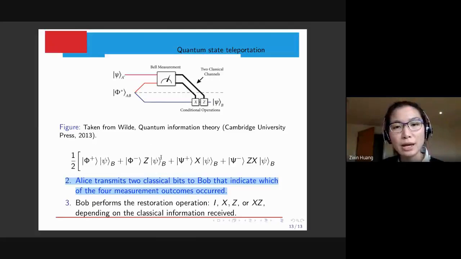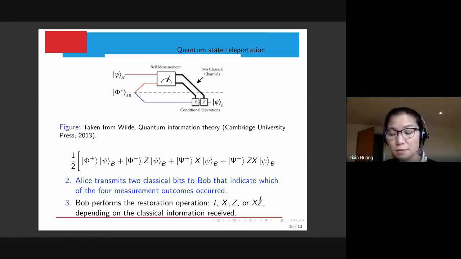However, if Bob is not in possession of the knowledge of what occurred to Alice, so the identity, the X, the Z, or the XZ, then effectively what Bob has is a combination of all of those applied to the state. And that state is what we call a maximally mixed state. And that particular thing has no information whatsoever.